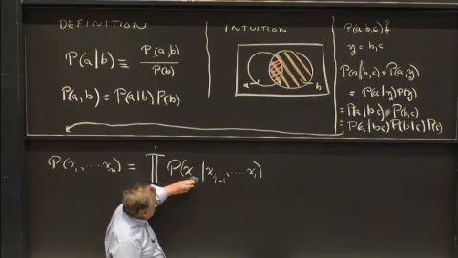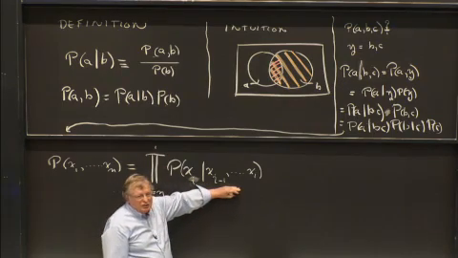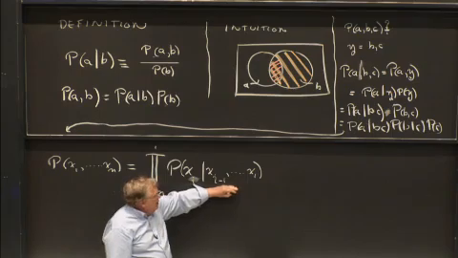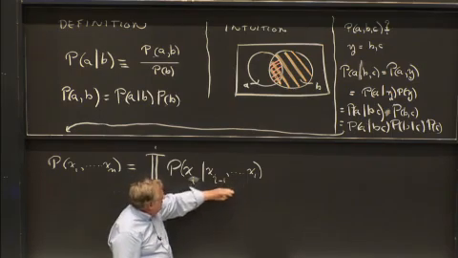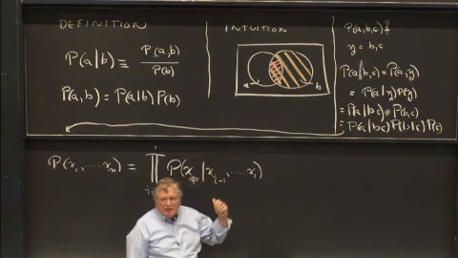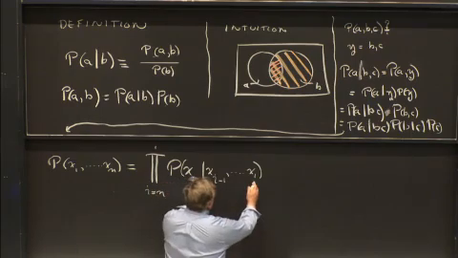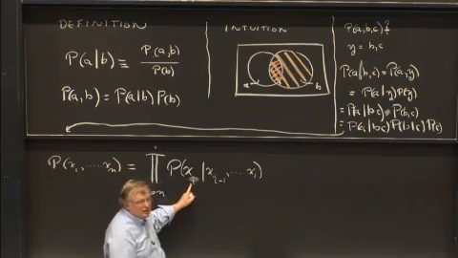But you'll notice that as I go from n toward 1, these conditionals get smaller. The number of conditional things I'm conditioned on gets smaller. And none of these things are on the left. They're only stuff that I have on the right. So all of these things have an index that's smaller than this index.